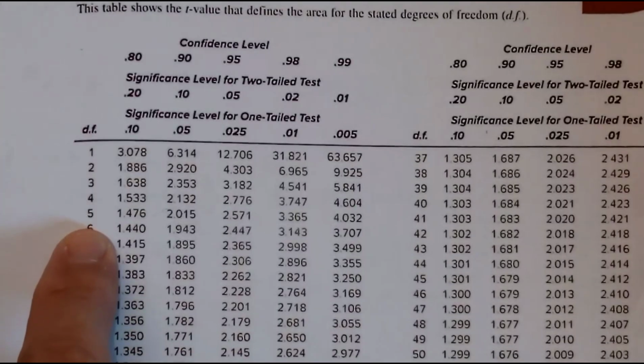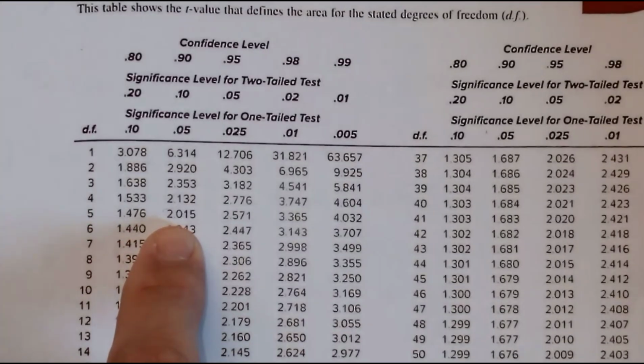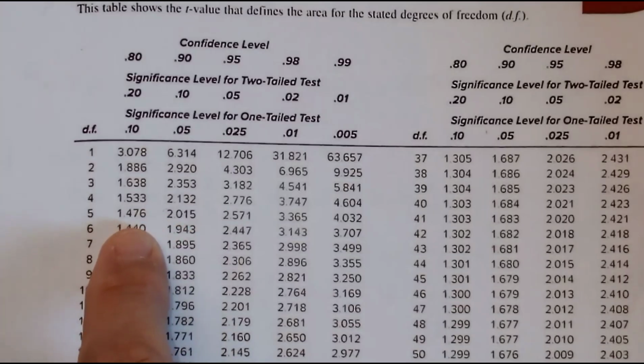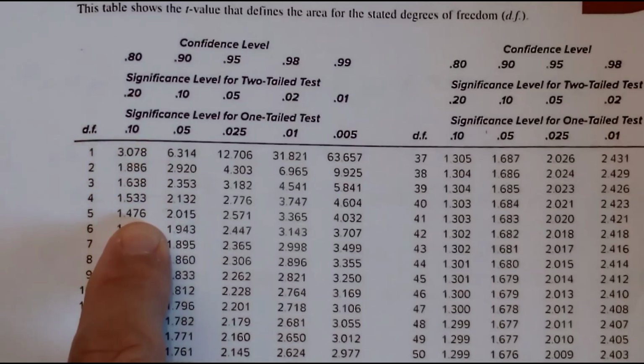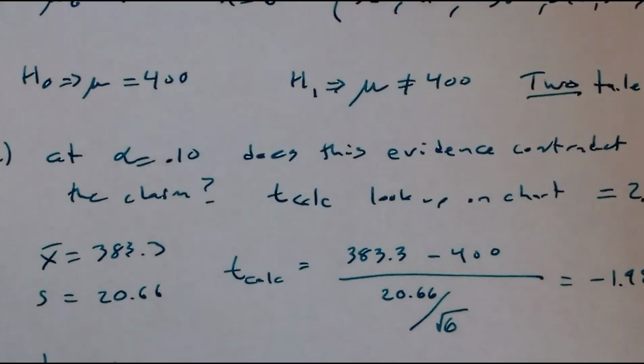Now, with 5 degrees of freedom, there's the T-crit we had with a 2-tail test. There's the T-crit we have with a 1-tail test. If I change from 2-tail to 1-tail, my answer changes.